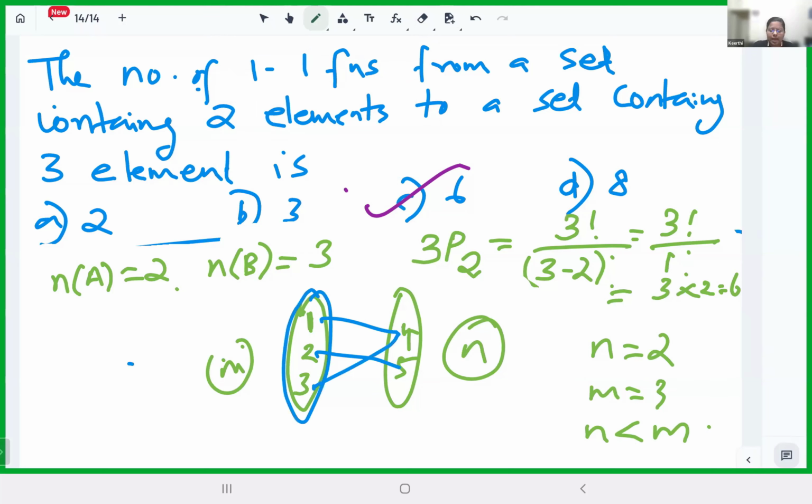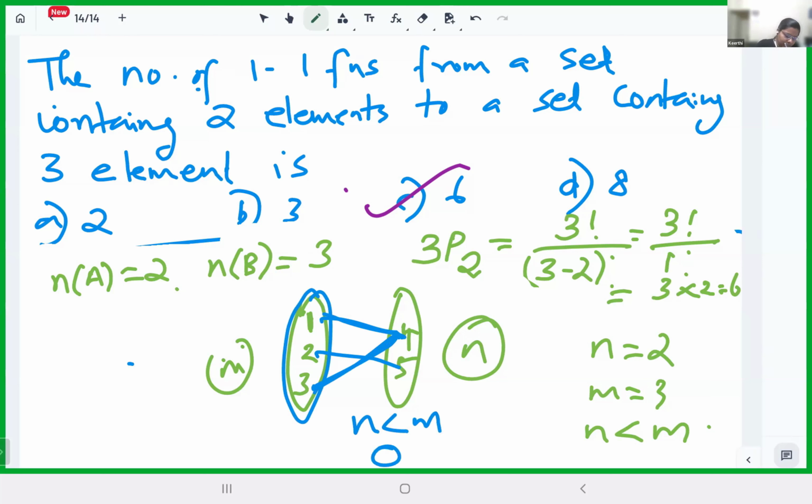If I map 3 to 4, what will happen? It will not be a one-one function, right? We know that for a function to be one-one, it should have a unique image. Here 1 is mapping with 4 and 3 is also mapping with 4. So it is not one-one. So we can say that if n is less than m, there are 0 functions. There won't exist any one-one function.